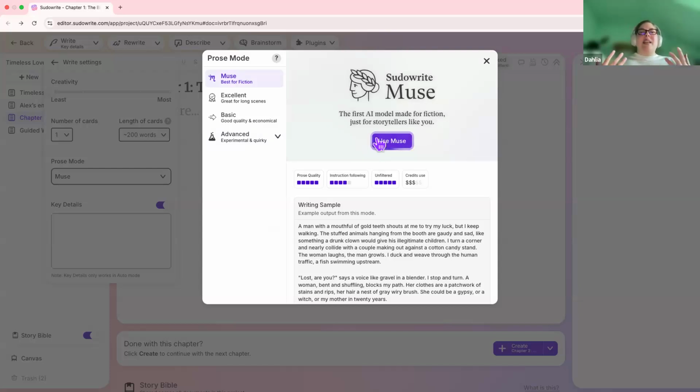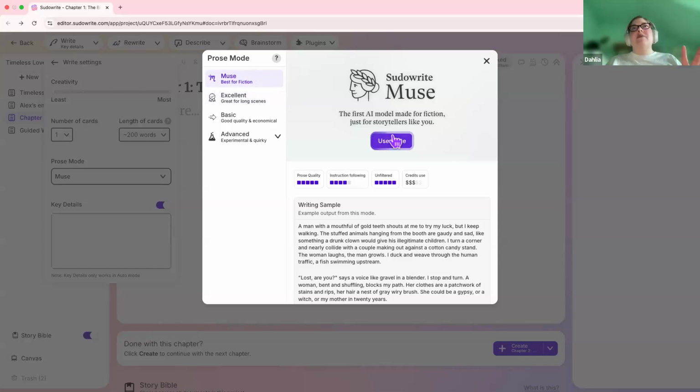But a common question I get is which model to use. Which is the best model to use for writing, and that's really something that depends a lot on your personal style. Since I personally write in German, I prefer using Excellent since this gives me the best prose when I'm writing in German and has a good balance between structure and creativity.